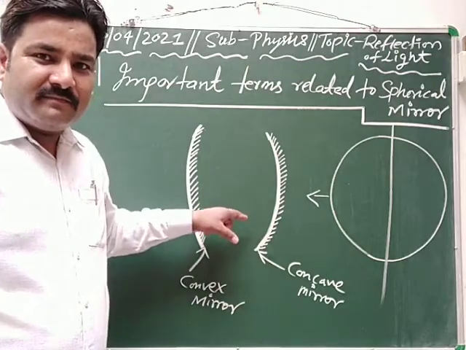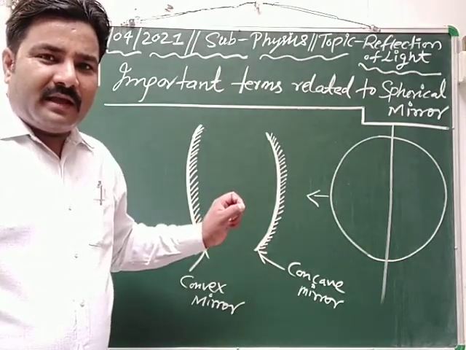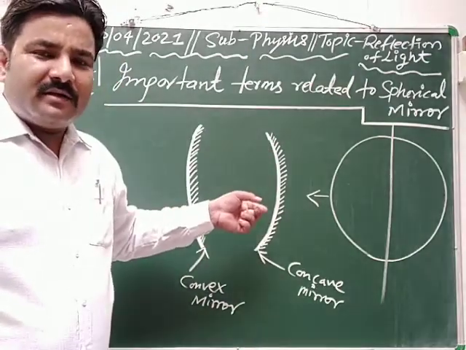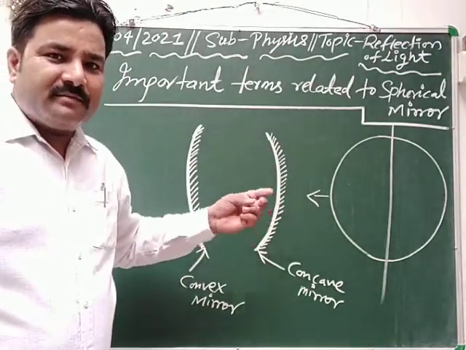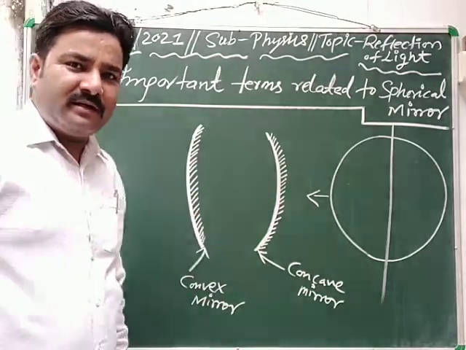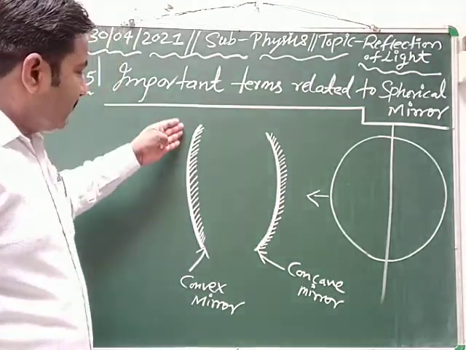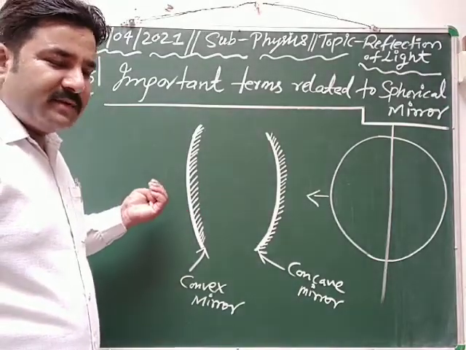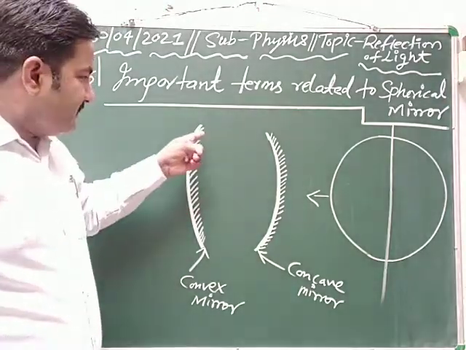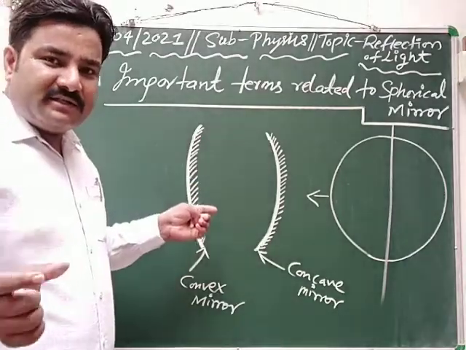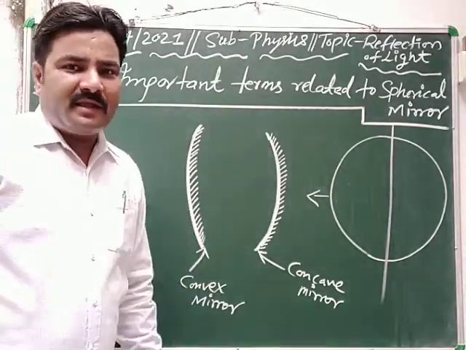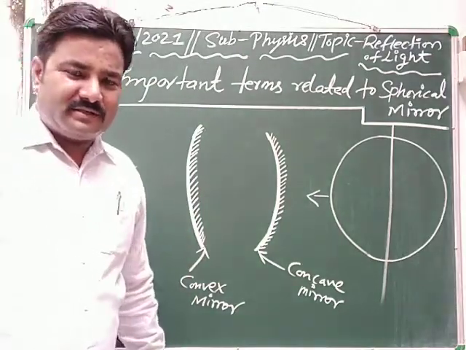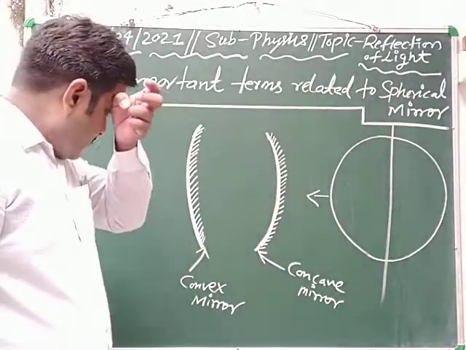The painted surface, after silver coating, is bulging out, and here the reflecting surface is convex, that is bulging out, and the inner surface is painted after silver coating. Clear?